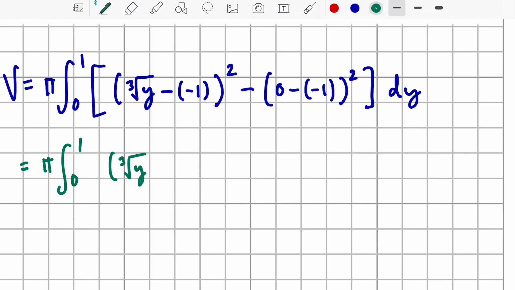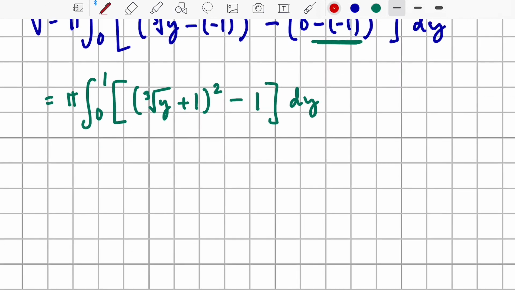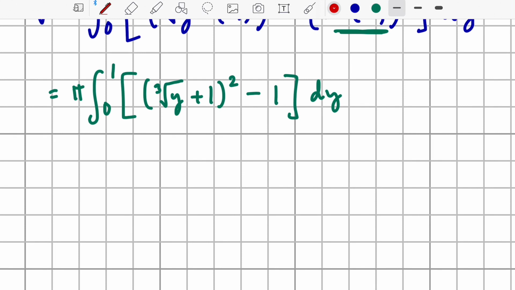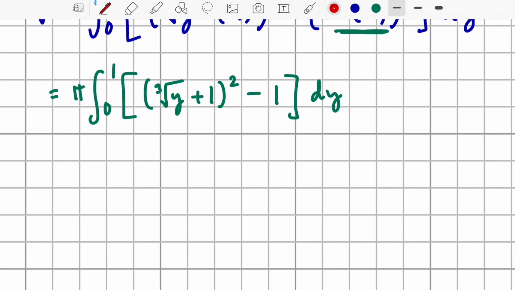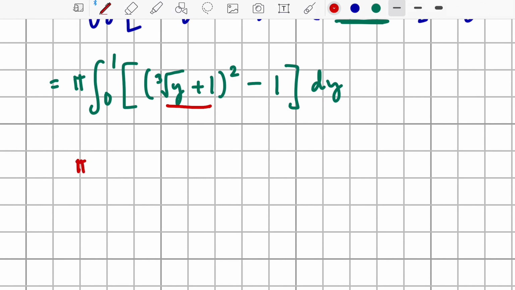So it's the cube root of y plus 1, squared, minus, this just gives me 1 squared is 1, dy. This one we can do by hand. So what I'll do is expand this binomial. So pi integral from 0 to 1.